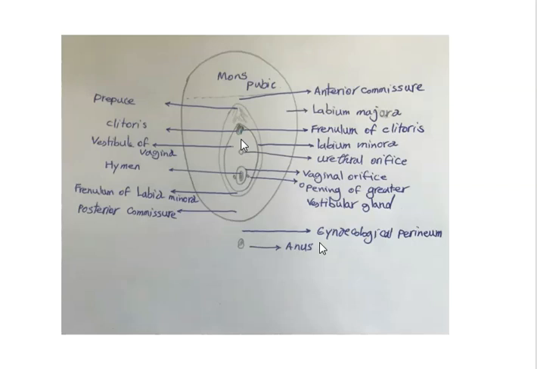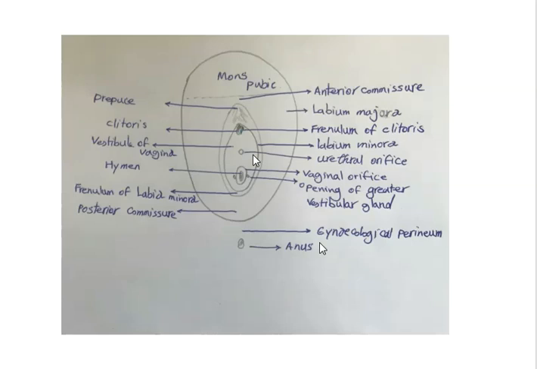The body of the clitoris is made up of corpora cavernosa, enclosed by a fibrous sheath, and partly separated by the incomplete pectiniform septum. I will show you in another picture. And as you understand, a corpus spongiosum is absent. Okay?